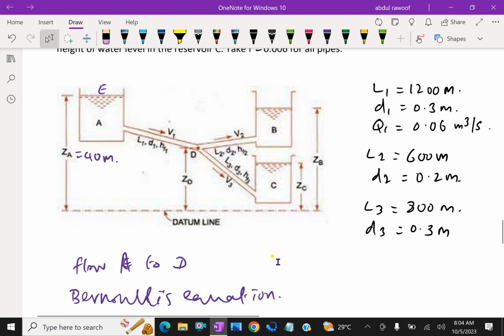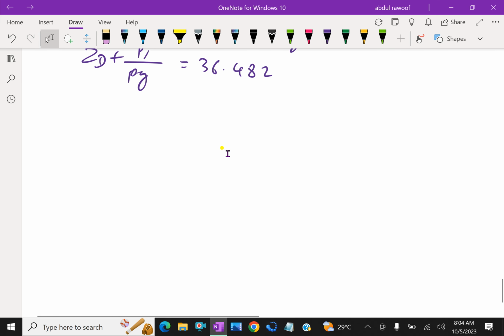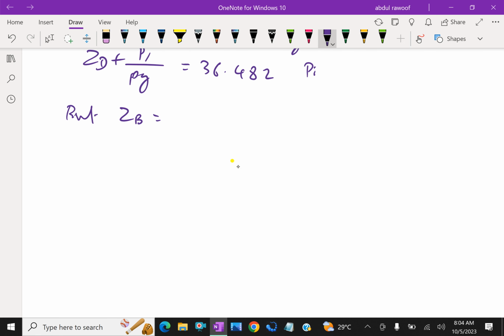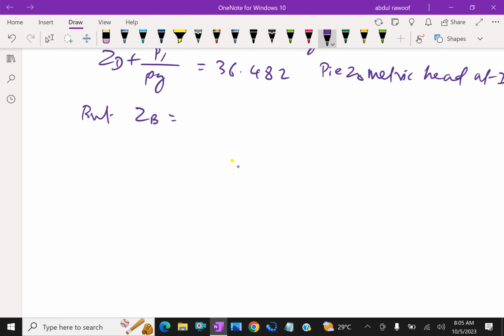Here ZB is given as 38 meter. This is the piezometric head at D, but ZB is 38 meter, as given.